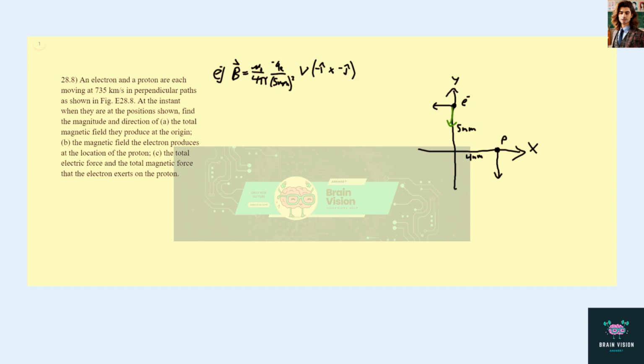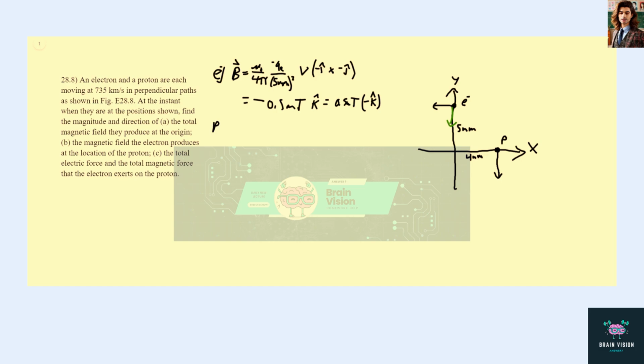And so what we're left with is numbers up to the point where we have the cross product, and that's going to come out to a negative 0.5 millitesla. Negative i hat cross negative j hat comes out to be k hat. So then we can rewrite this as 0.5 millitesla in the negative k hat direction. So at the origin, this produces the magnetic field vector into the page.